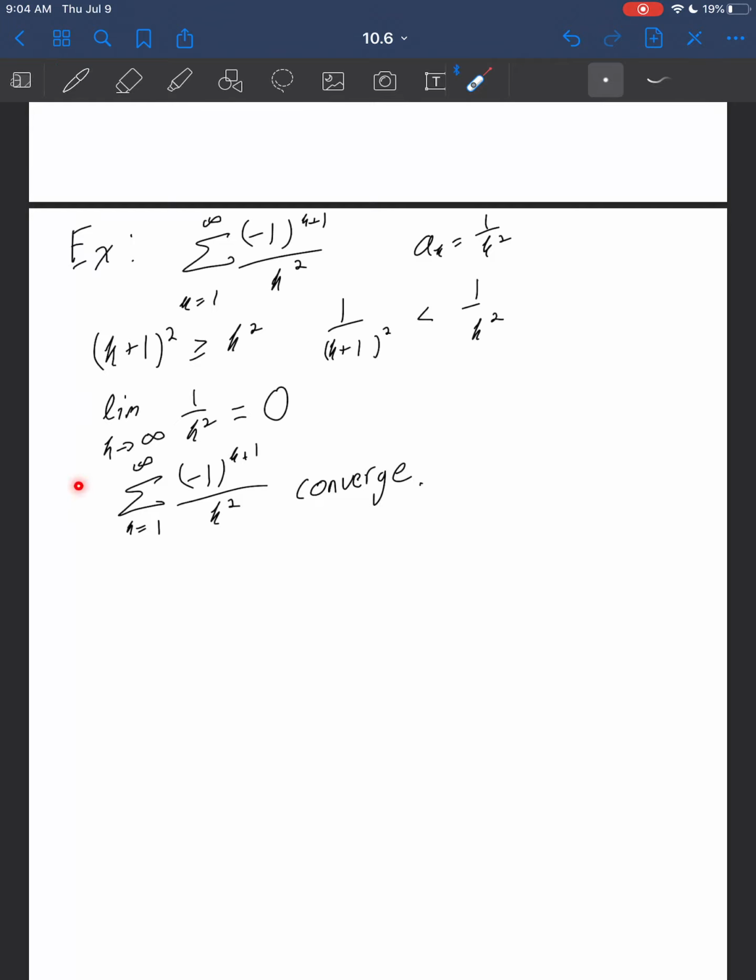Okay, so these two series kind of lead us into an idea that we're going to call converges absolutely and converges conditionally. So we say that some series, k equals 1 to infinity of a_k, converges absolutely if we take some absolute values and it still converges.